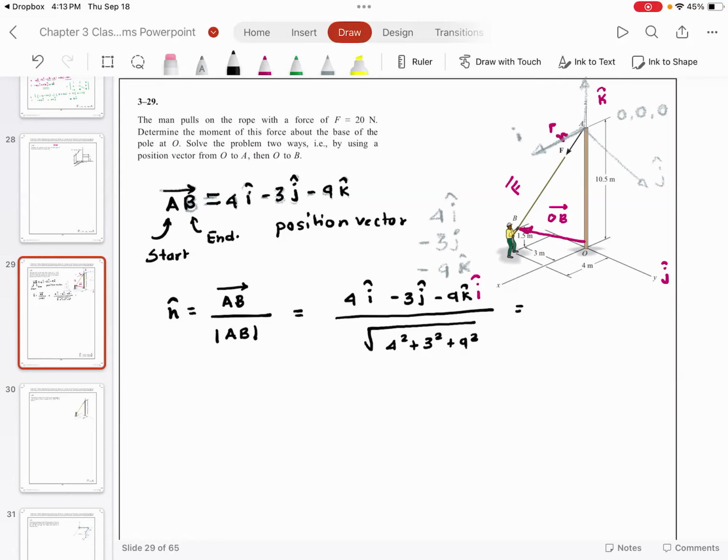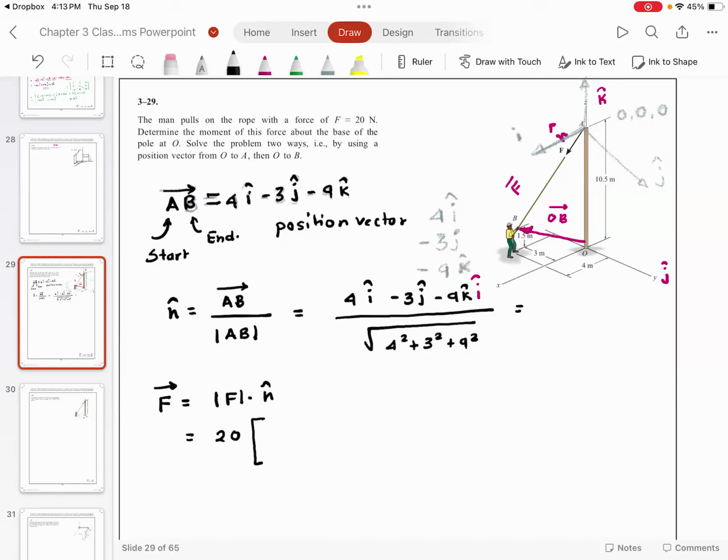So if I want to represent my force vectorially, this will be magnitude of F times n hat. What is magnitude of F? 20. And what is n hat?